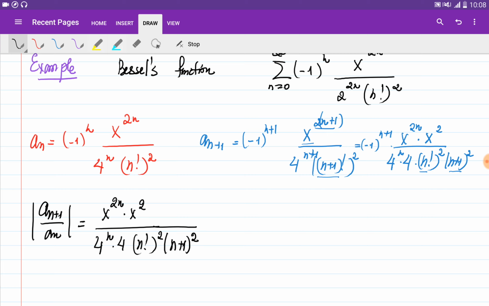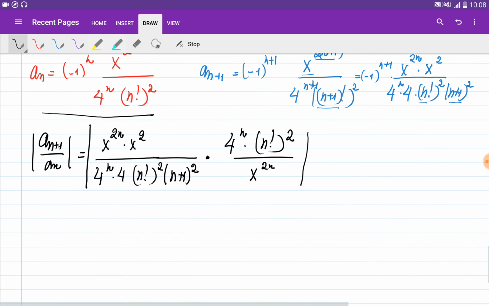So this is divided by a n, right? Or we can multiply this by the reciprocal of a n, where the numerator and the denominator of a n will be just flipped. Okay, so it's going to be 4 to the n multiplied by n factorial squared divided by x to the 2n, and everything is in the modulus, right?